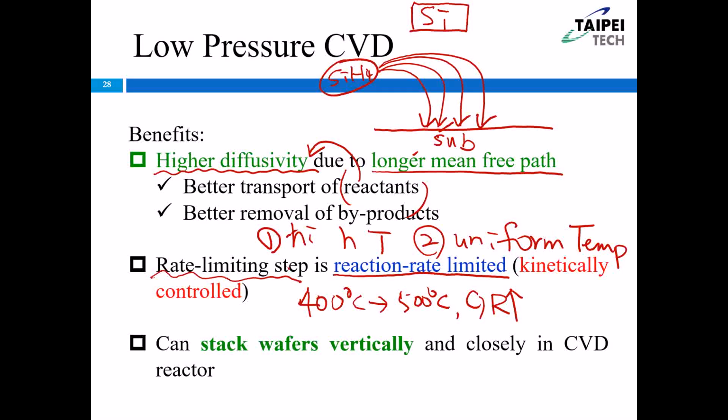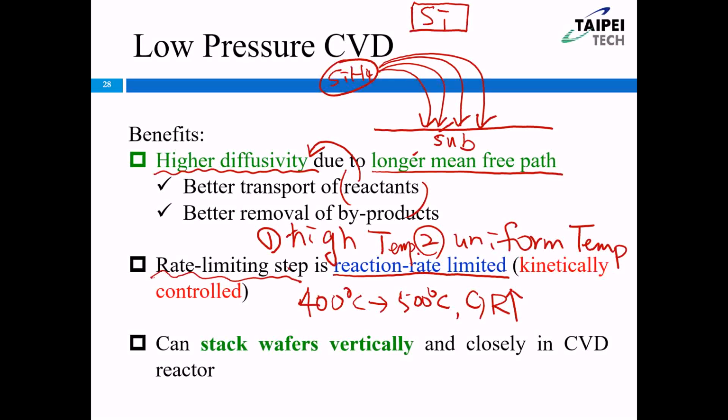Because LPCVD is reaction rate controlled, if you want a higher growth rate, high temperature is very important because we already have so many precursors.